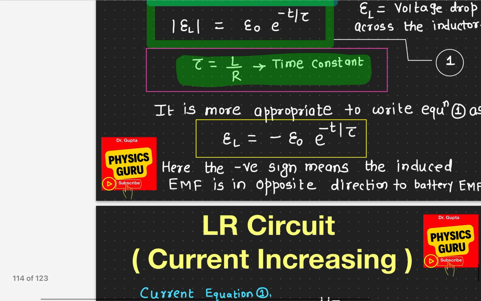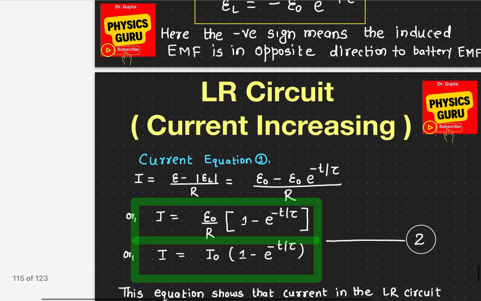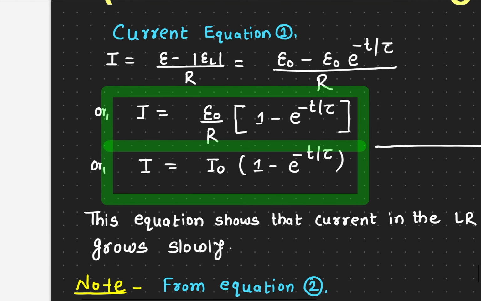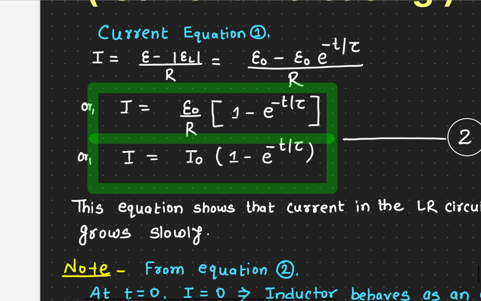This is the magnitude. So I'm plugging this value in, and then taking the like terms to one side, and this is E0 over R, the potential difference of the battery divided by R, which is the initial current I0. Now, we have to understand this equation here.